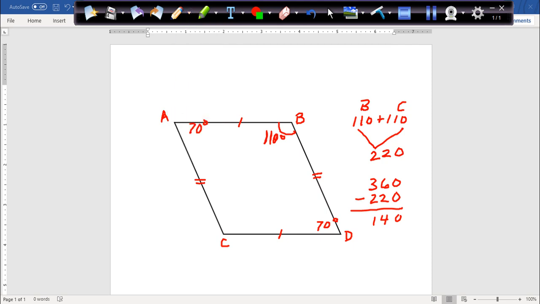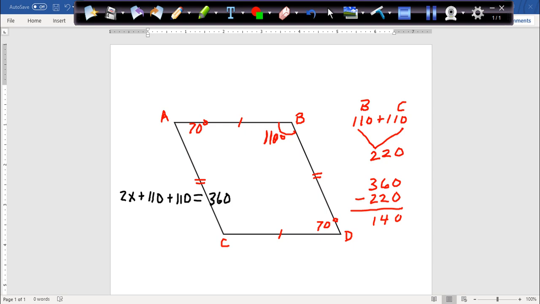So they solve for x, 2x plus 110 plus 110. I've already given you the answer, but I want to show you how they solve for x, just in case you're looking at the equation in the book and trying to figure out how did they get to 70.